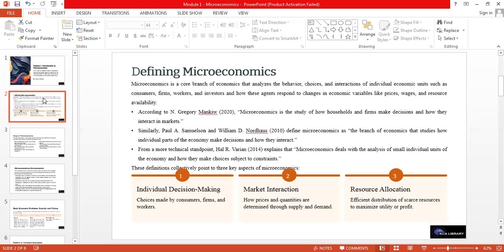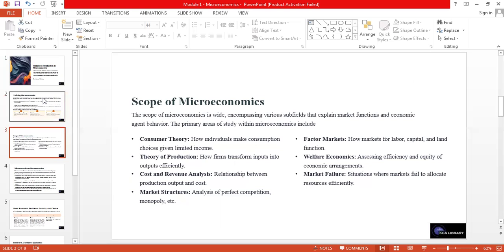You see from Mankiw and from Paul and Williams that it talks about how they interact together within the market. That deals with how prices and quantities are determined through supply and demand. And lastly, resource allocation, which is the efficient distribution of scarce resources to maximize utility or profit.